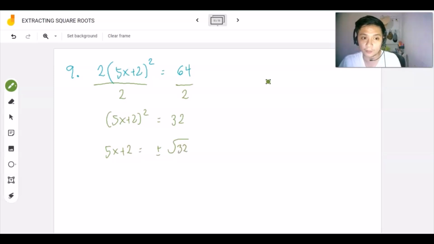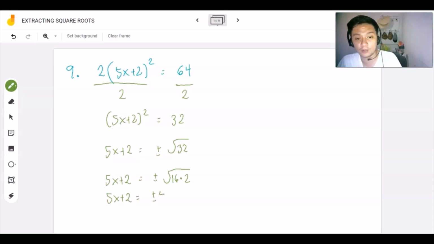At ang 32 na yan, lumito na kanina sa ating previous example. How did we simplify it? We expressed 32 as the product of 16 and 2, where 16 is its largest perfect square factor. Yeah, so 16 and 2. So which means this becomes 5x plus 2 equals positive or negative 4 square root of 2.